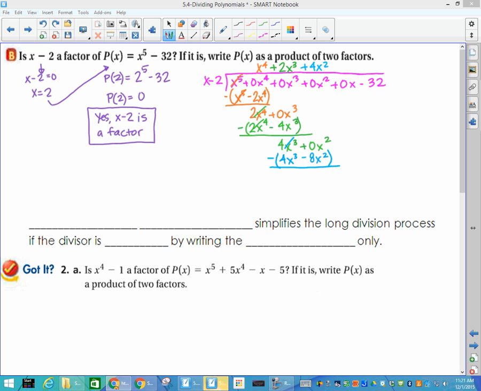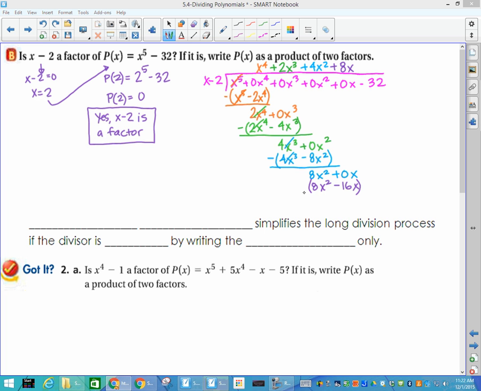When I subtract them again, first terms cancel. 0 minus negative 8 is positive 8x squared. Bring down my x term. What times x gives me 8x squared? It's 8x. 8x times negative 2 is negative 16x, and 8x times x is, of course, 8x squared.